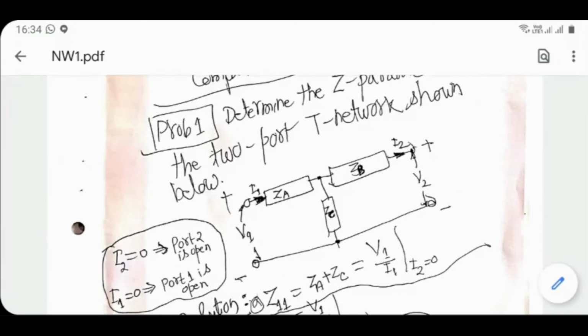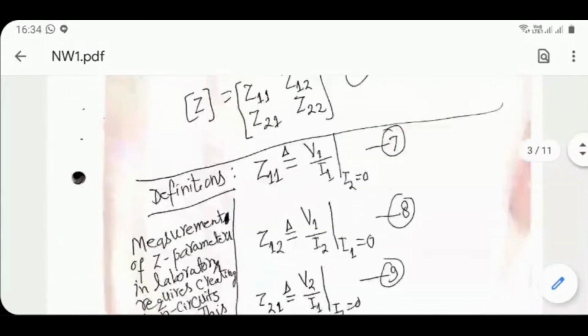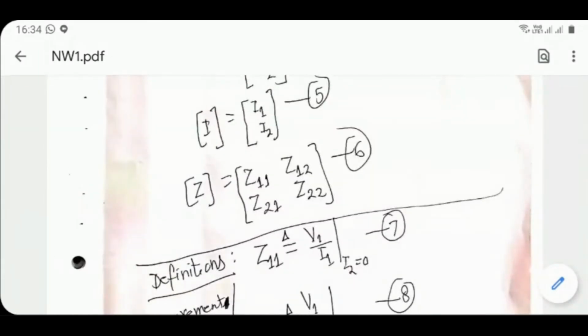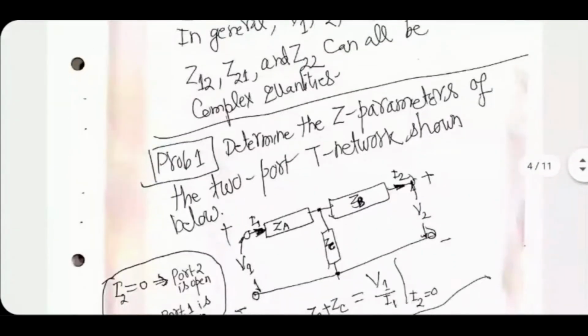If you have this network in front of you and you want to figure out Z11, use the definition. You should open circuit the output and take the ratio V1 to I1. What will be the answer? If you open circuit the output, there are 3 impedances. ZA and ZB are the series impedances and ZC is the parallel one.